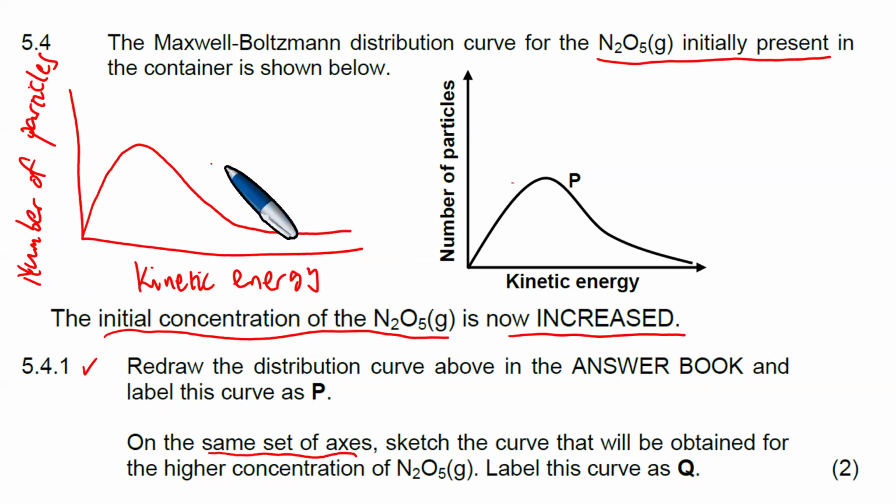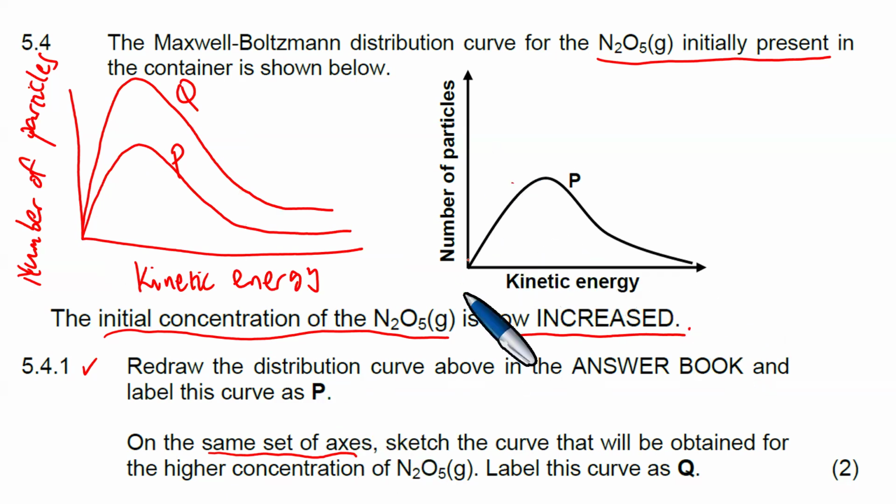So draw this one, P. Now, the concentration is then increased. If you increase the concentration, you increase the number of the particles. And this curve is going to be curve Q. So now, this is the situation.